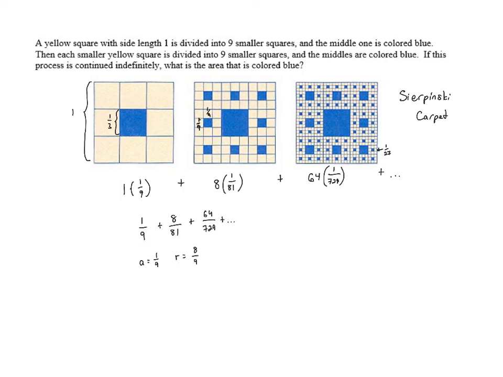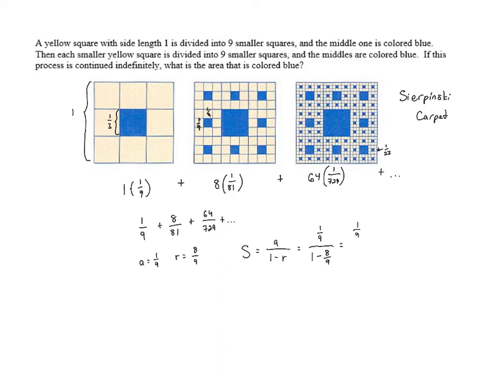So this gives us an infinite geometric series, and because the common ratio is 8/9, which has an absolute value less than 1, we know that this will not diverge, and we can use the formula for the sum, which is a over 1 minus r. In this case, a is 1/9, and then r is 8/9. So we've got 1/9 over 1 minus 8/9.